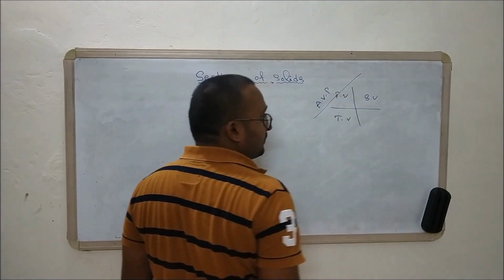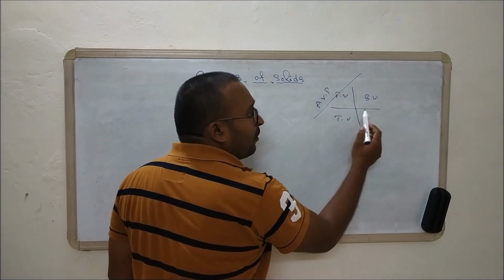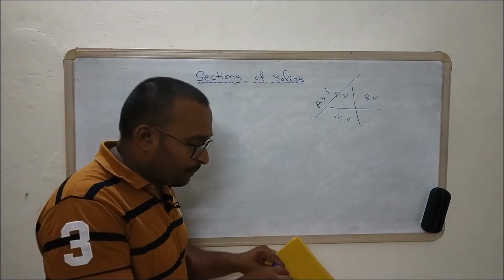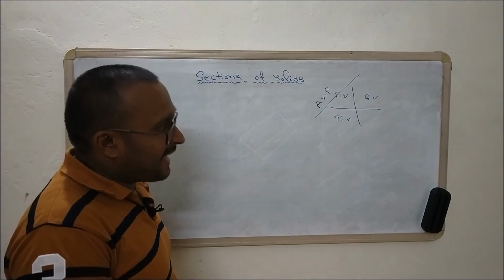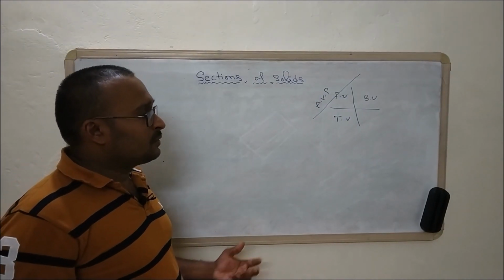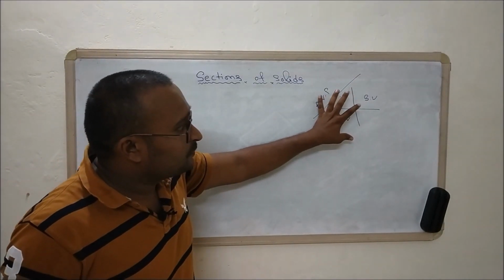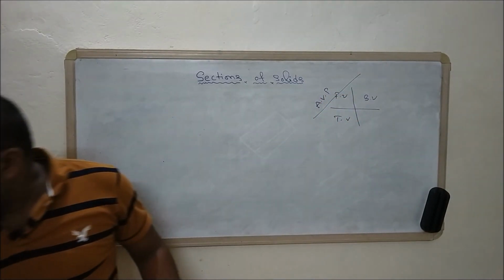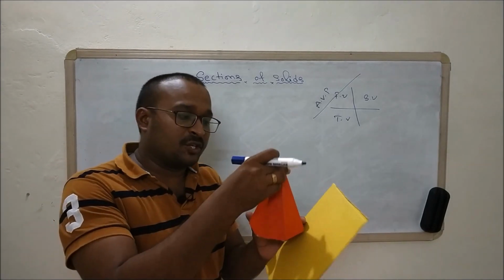So we discussed four kinds of projections: front view, top view, side view, and auxiliary view. All these views represent the solid's outside dimensions.